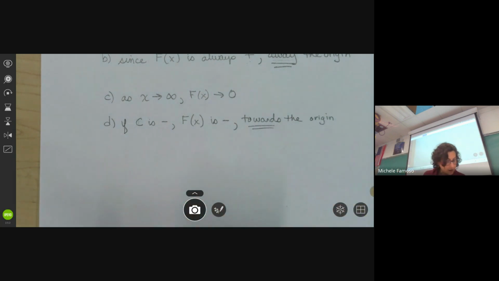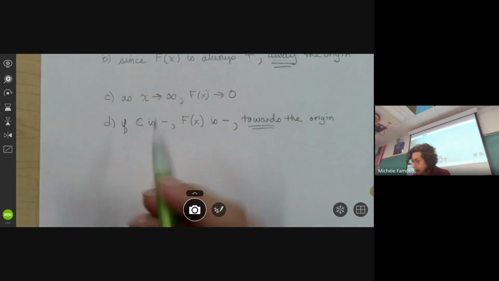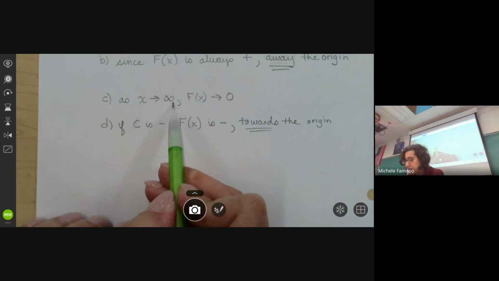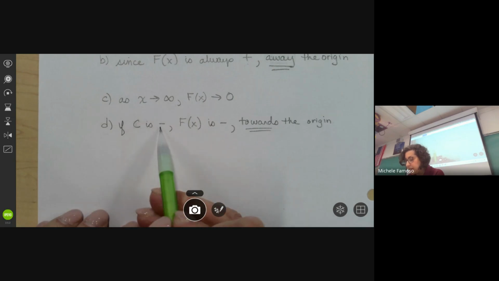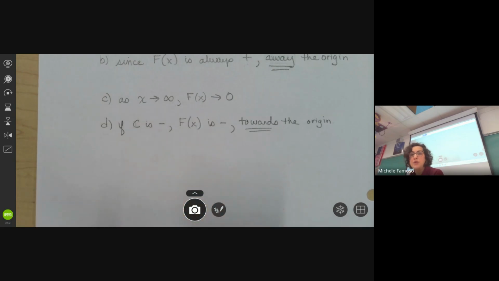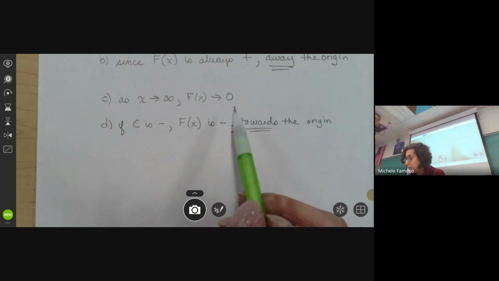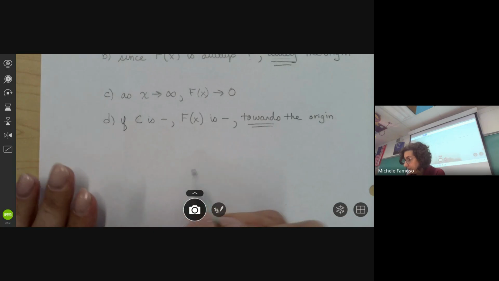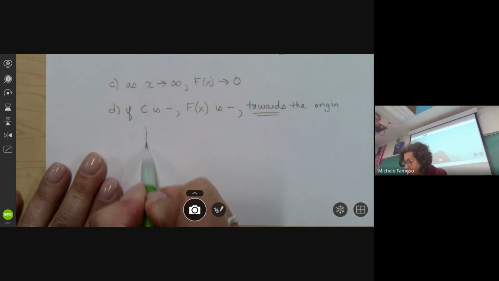And then they ask you for the second part, part C, if X goes up, but C is negative, what is going to happen to your force? Can you tell me? What's your graph going to look like?